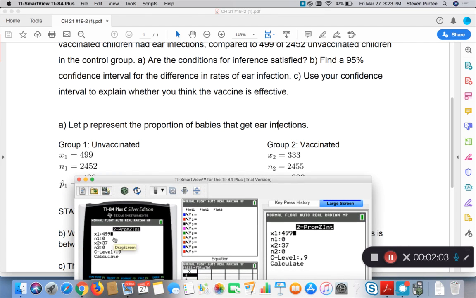So 499 out of 2452. It is important you get the ones and the ones. 333, 2455.